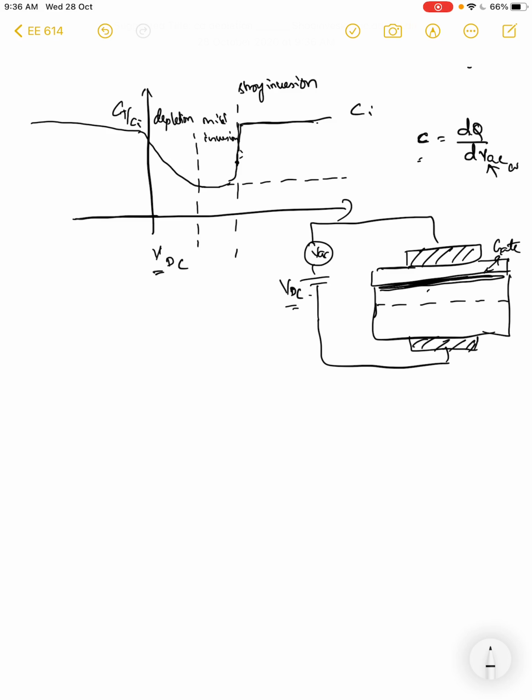But that does not happen, because once you reach the strong inversion, you already have the minority carrier sheet at the interface.